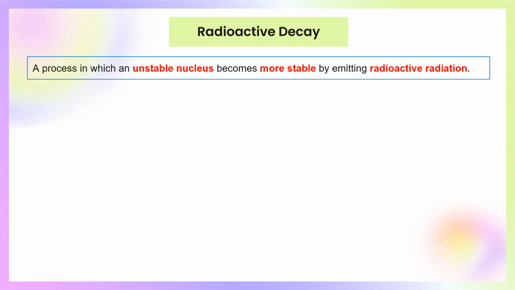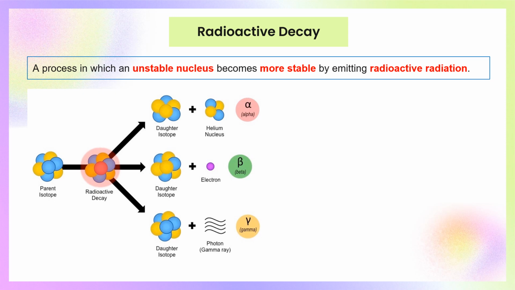So, let's see the example here. This is one of the processes of radioactive decay. This is the parent isotope and it is an unstable nucleus. Now, the parent will undergo radioactive decay and produce the daughter isotope, which is a more stable nucleus, and it also will produce either alpha, beta or gamma.